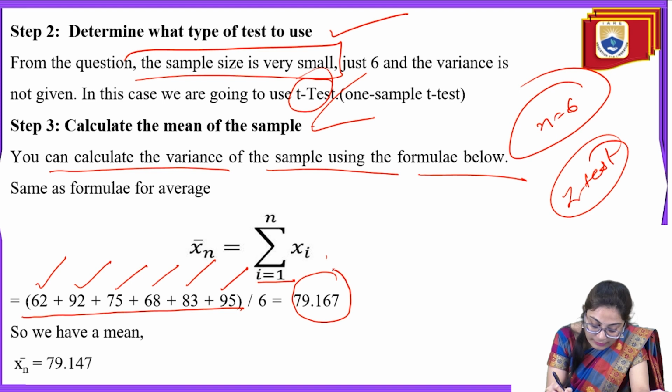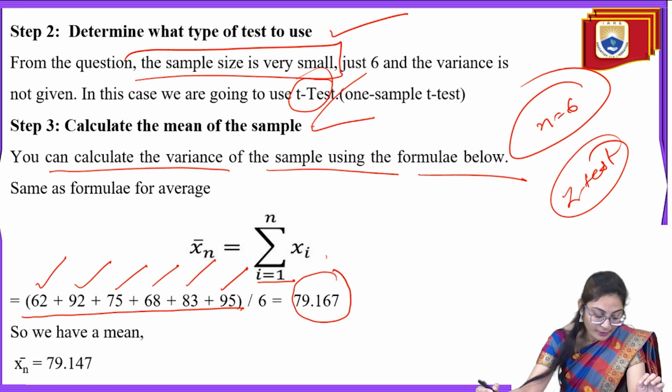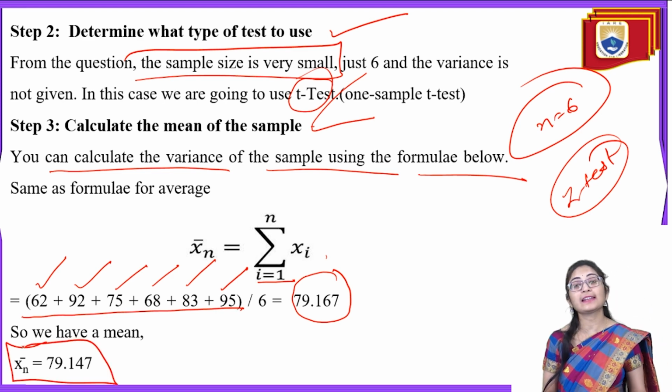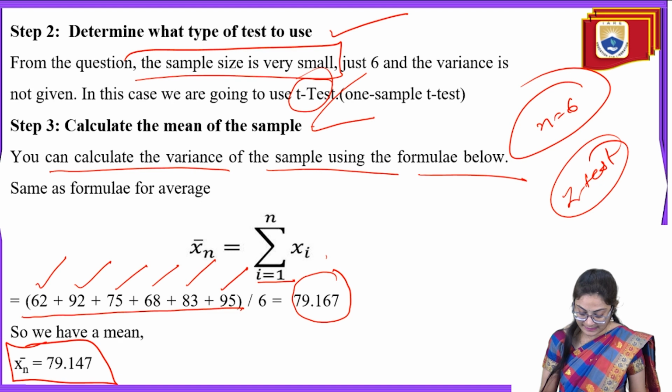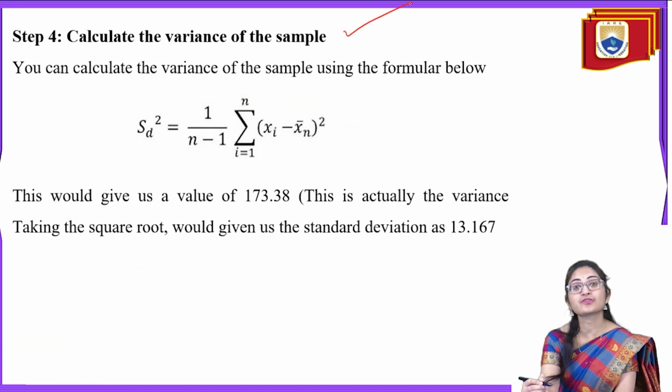After solving, we got the mean 79.167. So our x n bar value is 79.167.